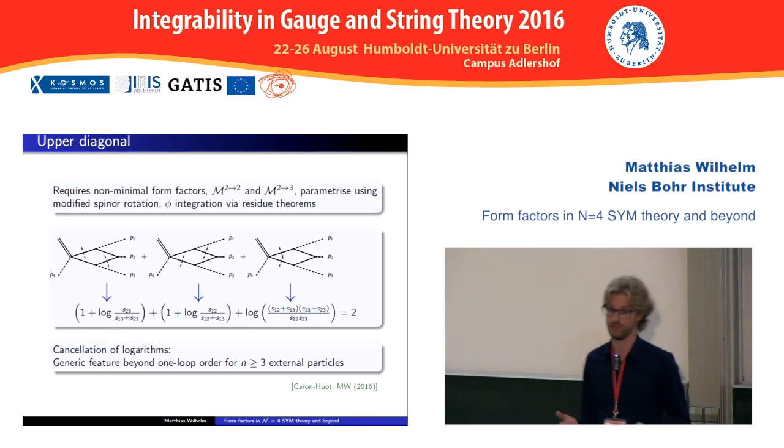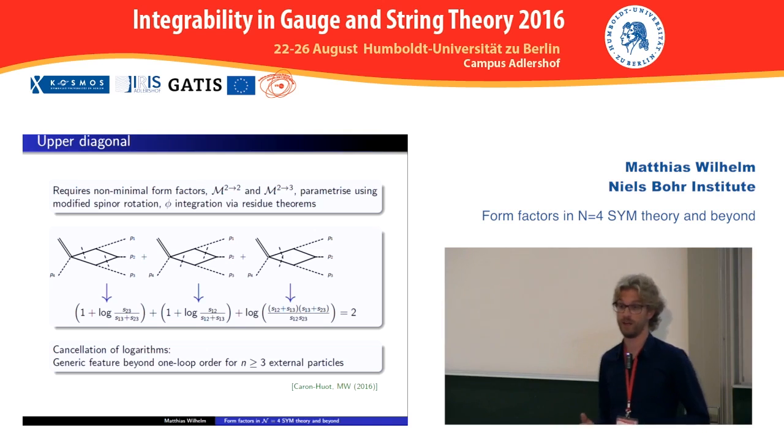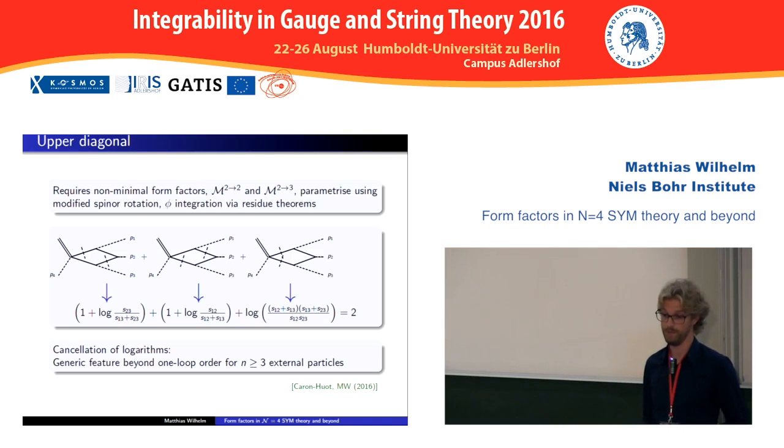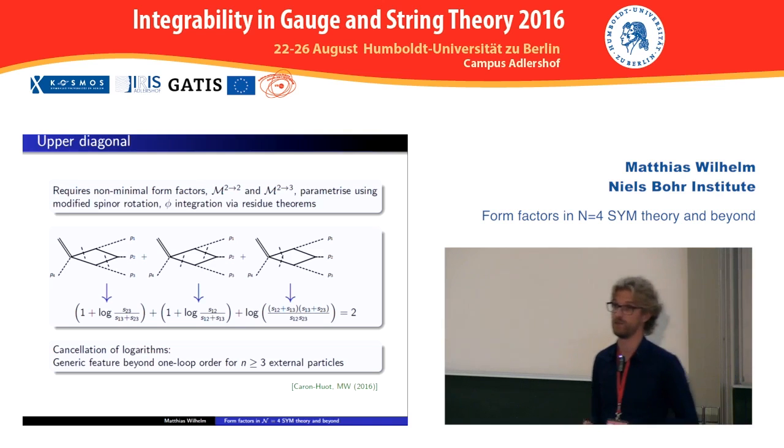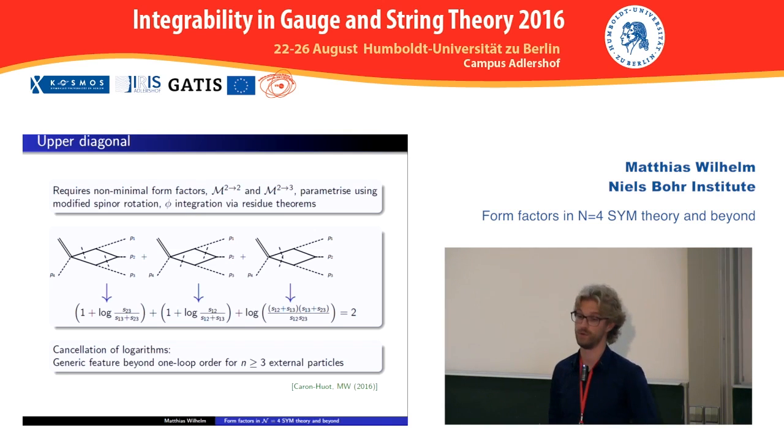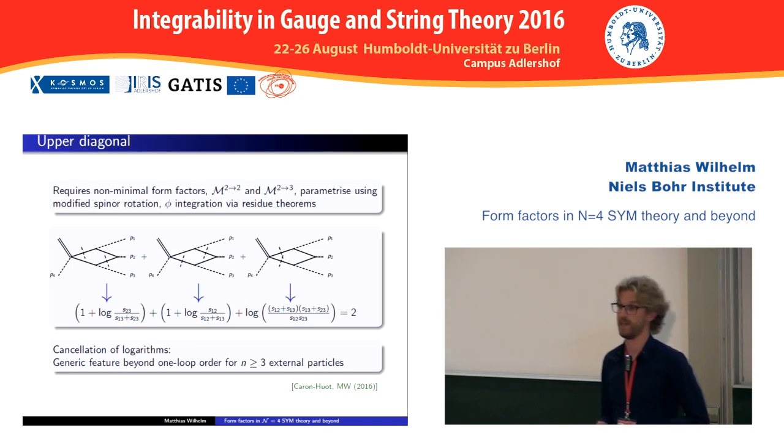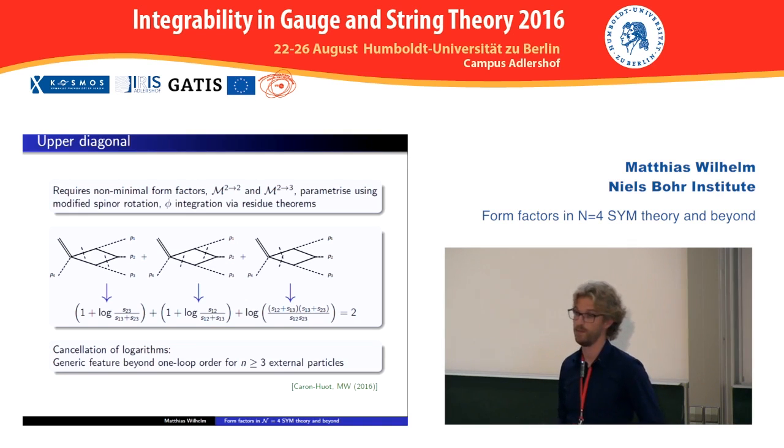This cancellation of the logarithms is a generic feature at two-loop order, and in order to push this completely to two-loop and higher orders, it would be extremely helpful to make this cancellation manifest or make each step of the calculation manifestly rational.